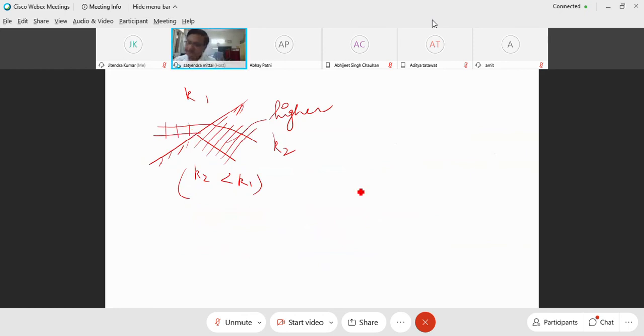And another case is, so this is the interface. This is K1, this is K2. It will be something like this. So it is K2.